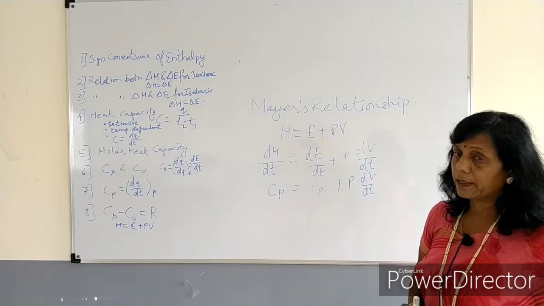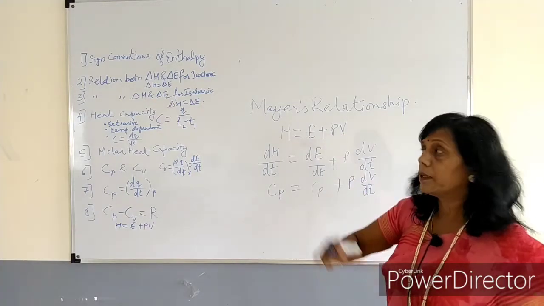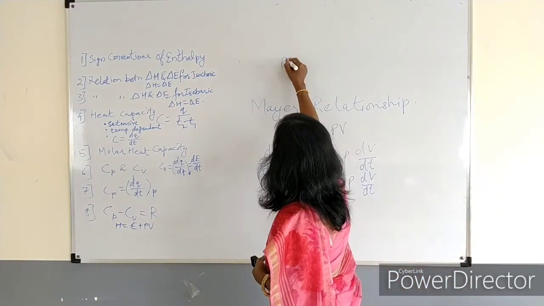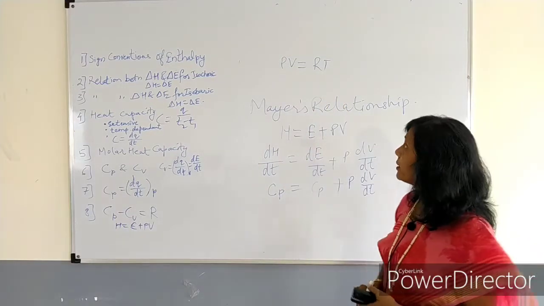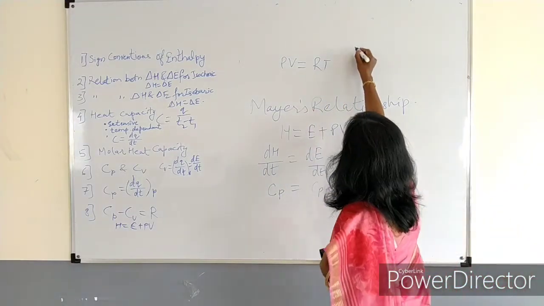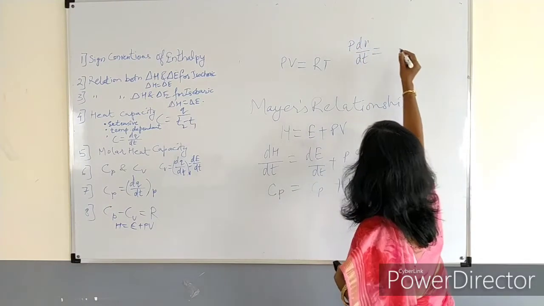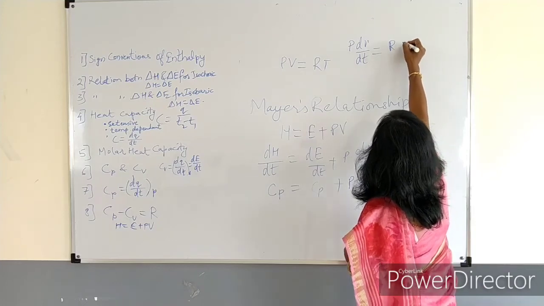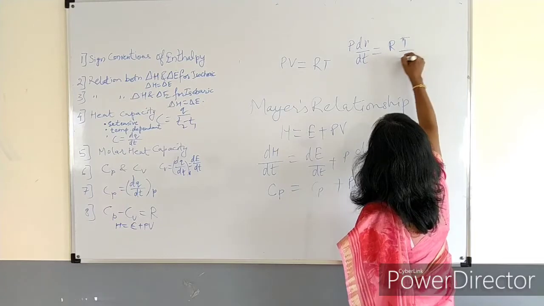Clear? Now we will write the ideal gas equation. For 1 mole of gas, we all know that PV is equal to RT, correct? Therefore PdV by dt is equal to R dT upon dt, right?